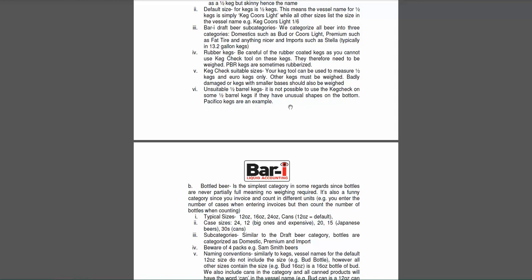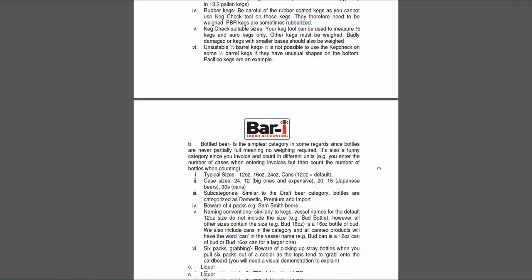Sometimes Pacifico is very strange, but Pacifico kegs don't sit on the edge. At the bottom of the keg, there's this like mini circle, and they sit on this mini circle. It means that they're not pivoting from the widest point of the keg. Again, it would make more sense if I showed you in detail or showed you in person, but be careful about Pacifico kegs. They sometimes are not suitable to be weighed using the keg check.